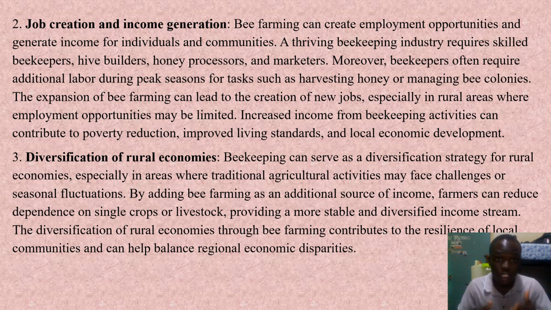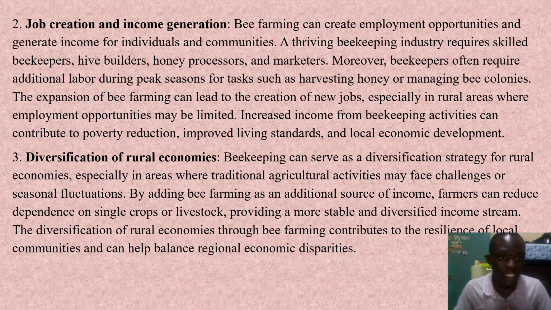And income generation implies that if people have been employed as marketers, hive builders, or beekeepers, they will get jobs, and after getting the jobs, they earn money. That is why we see job creation and income generation.